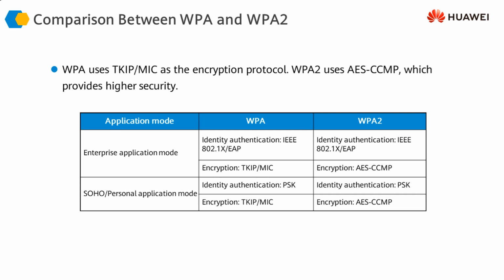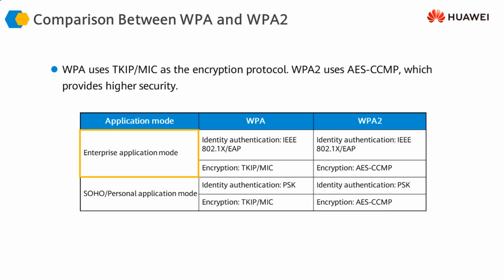As I said, don't be worried about CCMP. If you want to know the complete name, CCMP stands for Counter Mode with Cipher Block Chaining Message Authentication Code Protocol. So don't be intimidated. Simply what it means is that AES and CCMP provide you with a more robust encryption standard as compared to the traditional or the older TKIP and MIC.